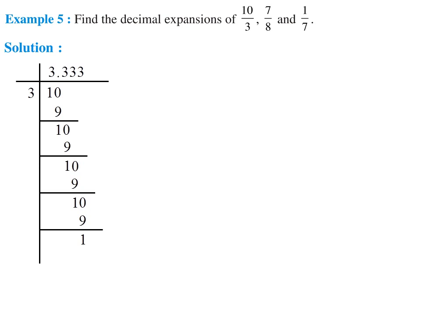So what you have seen here is one common pattern of remainders: 1 1 1 1 1 up to infinite times. And what is your divisor? Your divisor is 3. So this division will go to infinite steps.